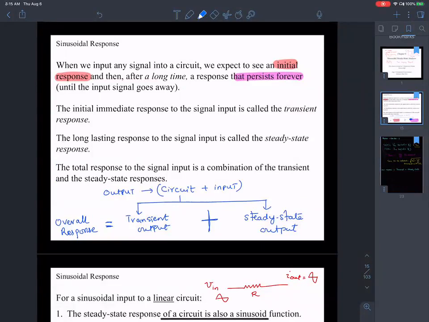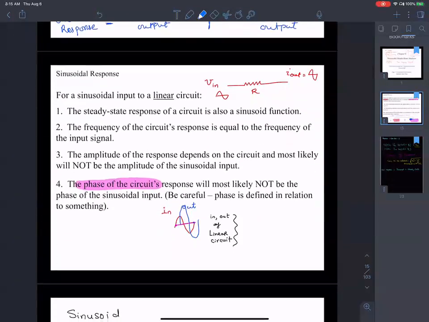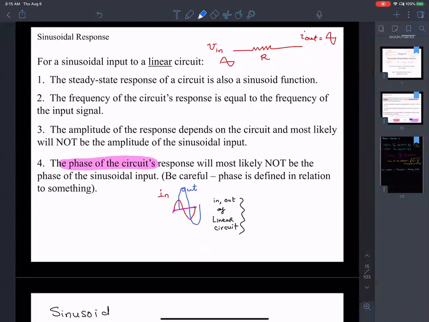And I mentioned there are different properties for the linear circuit. The steady state response of a linear circuit, if the input is sinusoid, the output is also sinusoid. One thing, the frequency of the circuit's response is equal to the frequency of the input. So the frequency does not change when you pass it through a linear circuit. The amplitude may change, most probably, and the phase most probably will change.